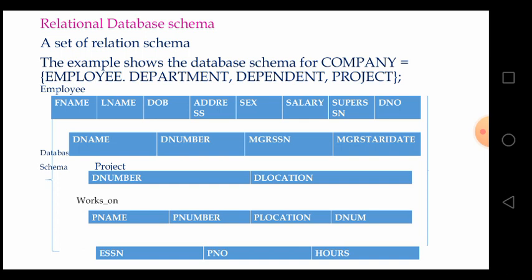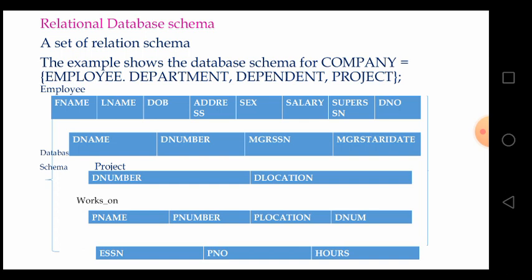Next, department is a relation name. Department name, department number, MGR SSN, and manager start date are the attributes of the department. Department locations: department number and department location are the attributes.